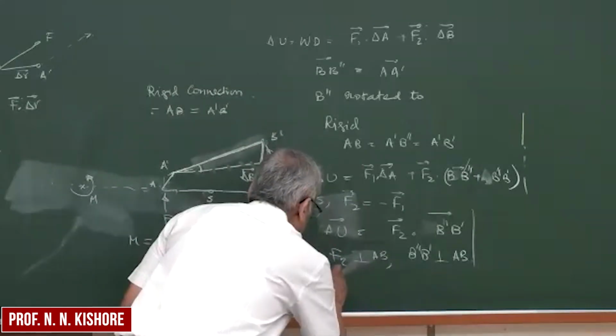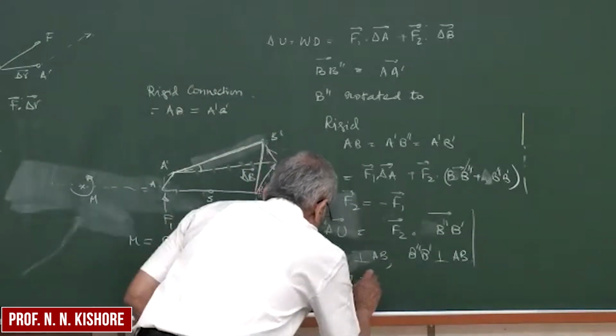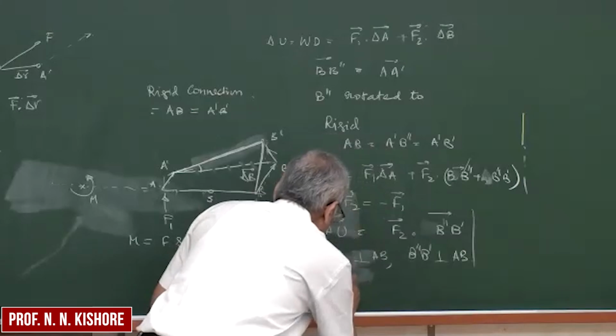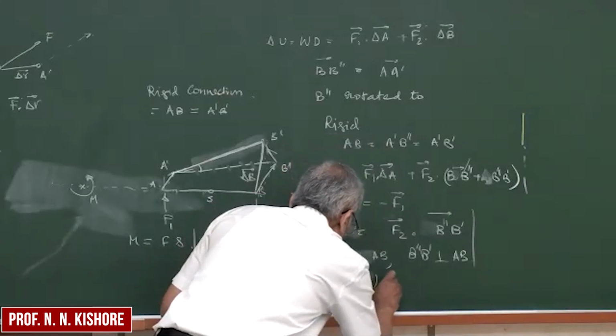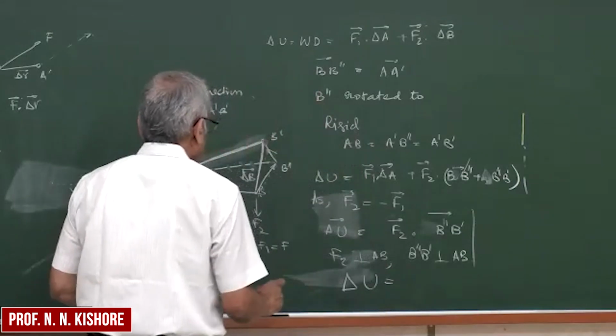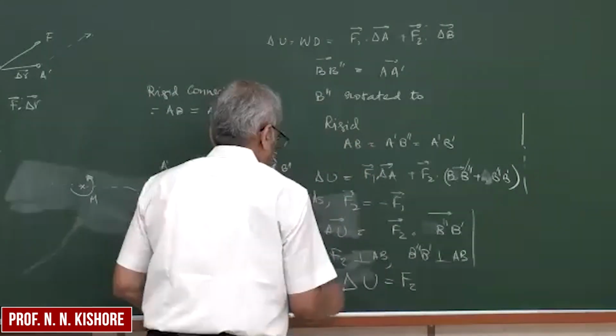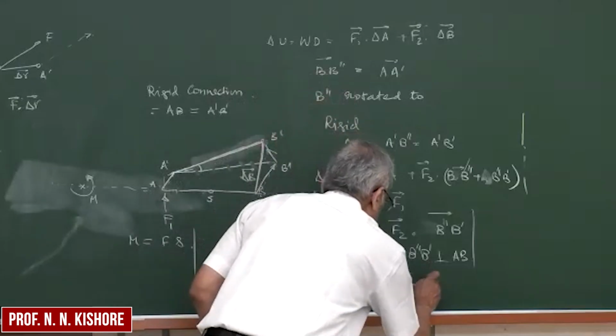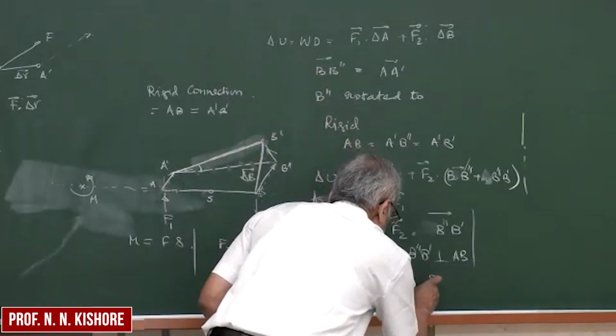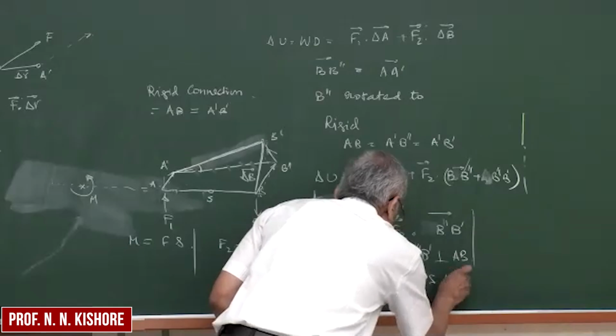So that means delta U is simply F multiplied by this distance here, which is nothing but S into delta theta.